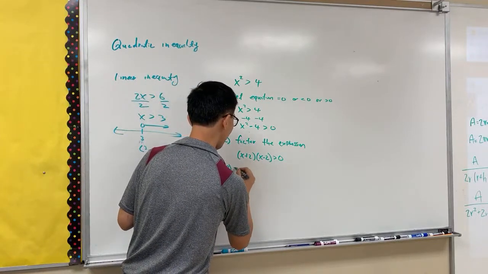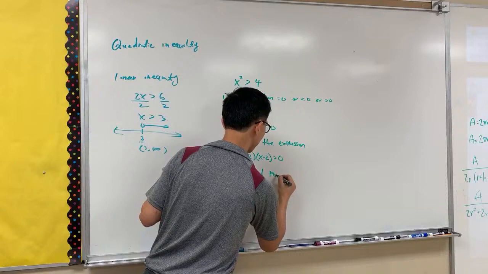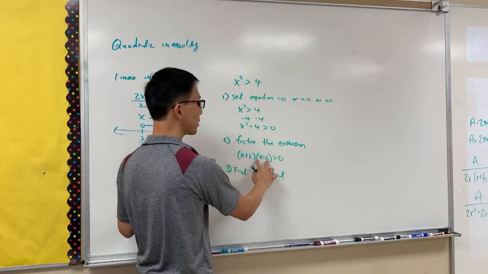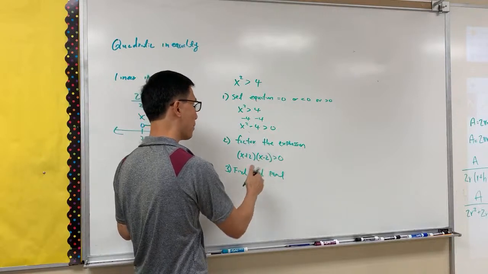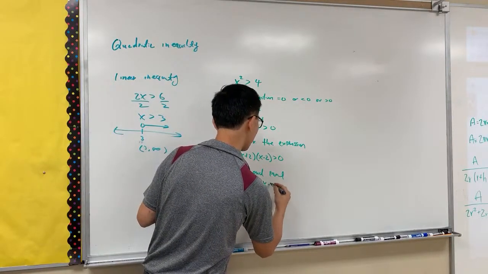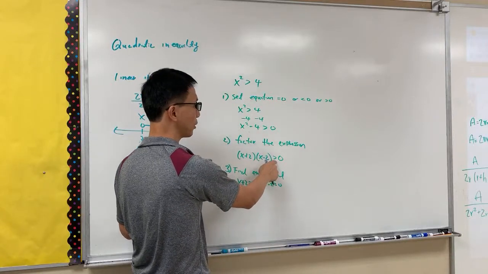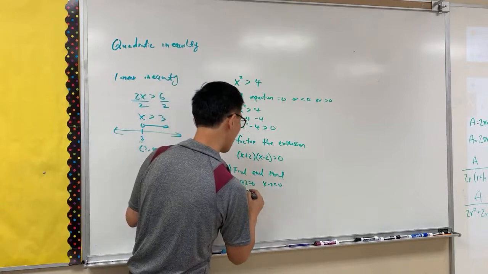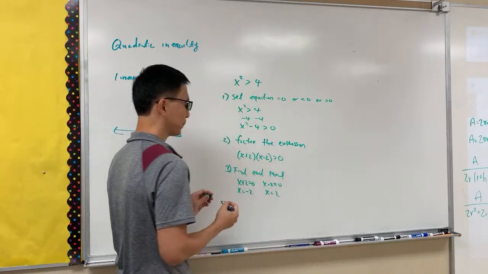Third, I'm going to find endpoints. So what do I mean by endpoints? Each thing in parentheses offers me an endpoint. Just pretend that this is an equal sign, then the endpoints are x plus 2 equals 0, x minus 2 equals 0. I don't even look at the inequality sign. x equals -2, and x equals +2.